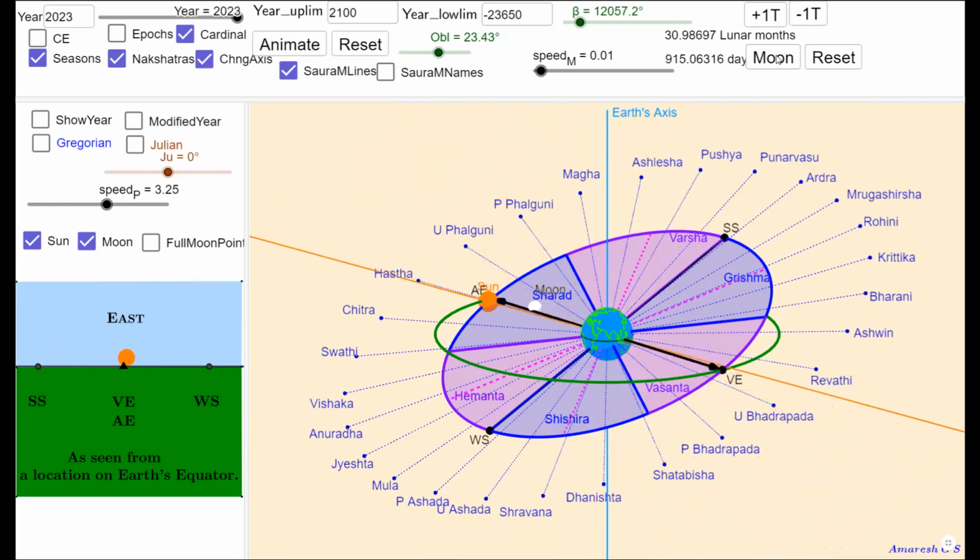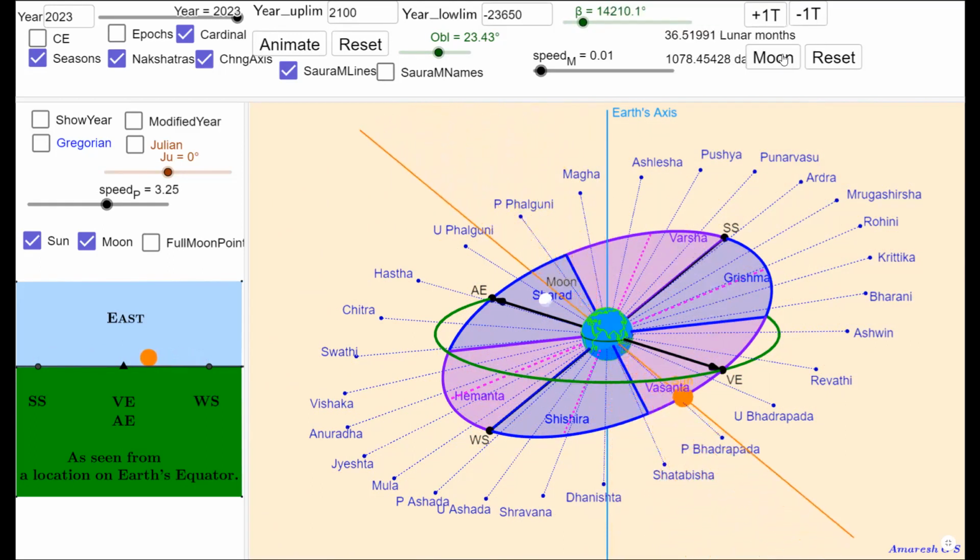Next is Kartik. Next is Margashirsha. Next is Paush. Next is Magha. Next is Falgun. And remember now, next we have to call it Chaitra.